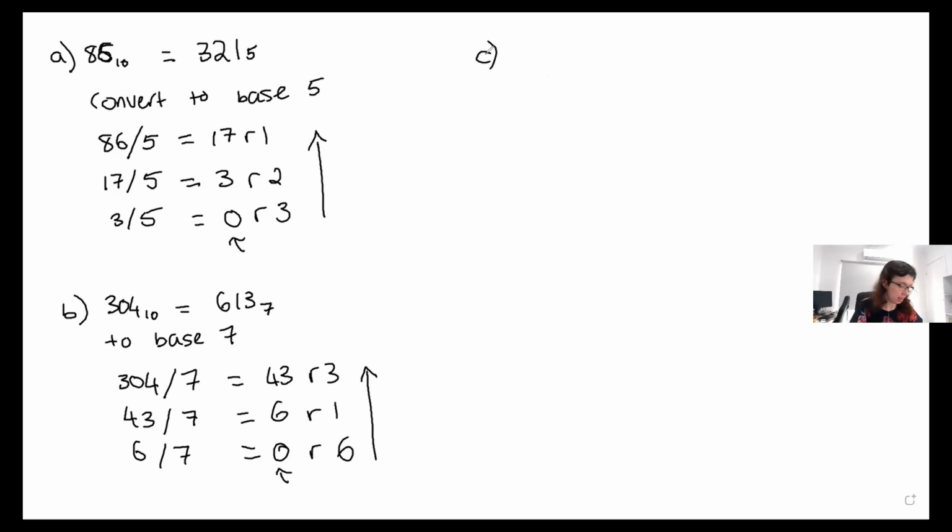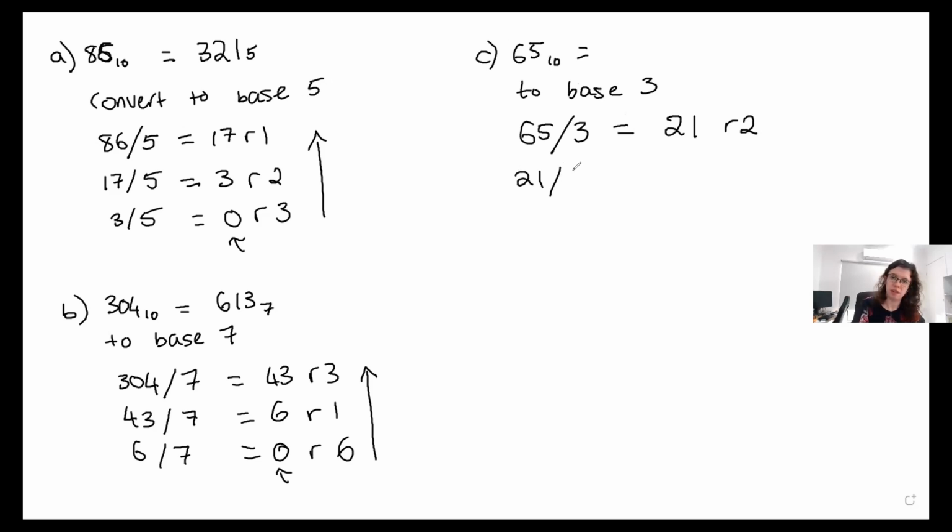And lastly, we had 65. So we're converting this one to base 3. So again, we start with our original number. We divide it by the base we want to get 21 remainder 2. 21 divided by 3 is going to be 7 remainder 0. 7 divided by 3 is going to be equal to 2 remainder 1.